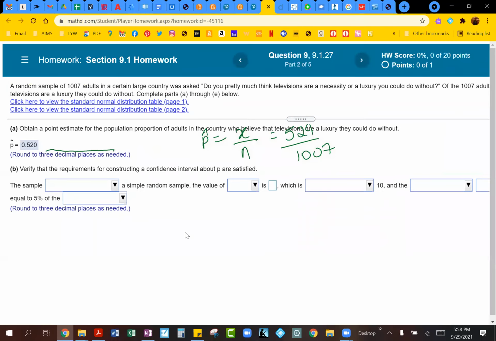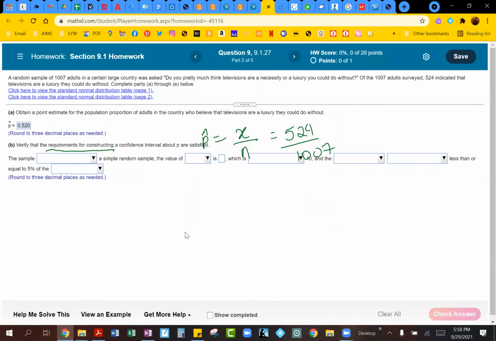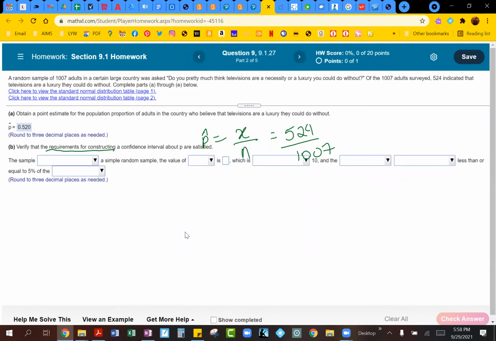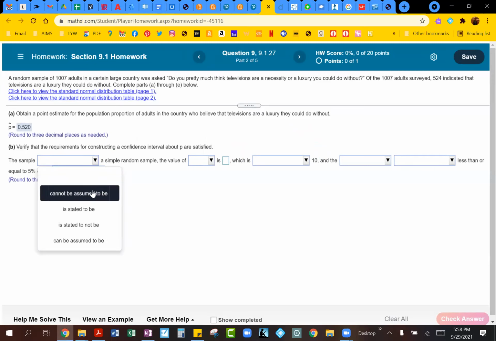Okay, and then this is the part that we kind of have to go through some of the conceptual example for this one. So let's clear this out. So this one is talking about verify that the requirements for constructing a confidence interval about P are satisfied. So they want to know, can we assume, or is it stated or not stated, or cannot be assumed that we have a simple random sample?